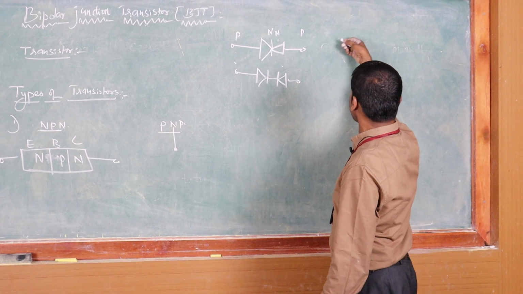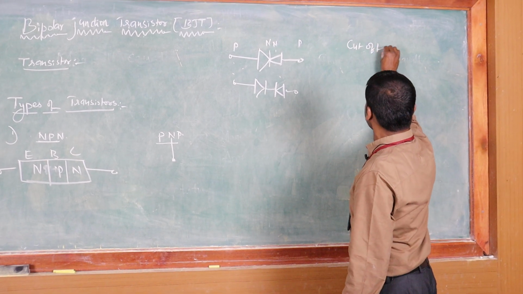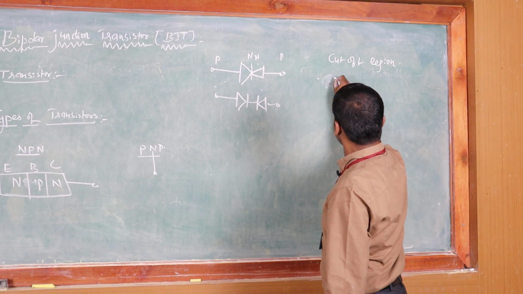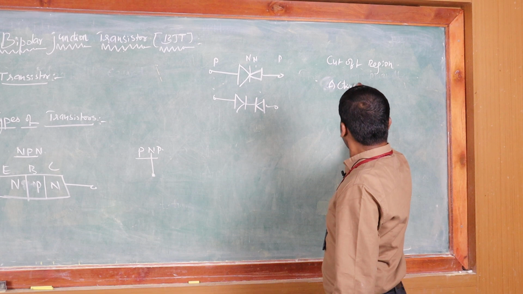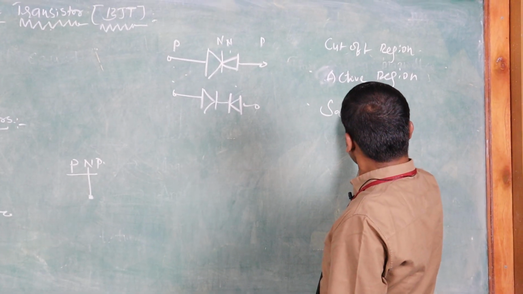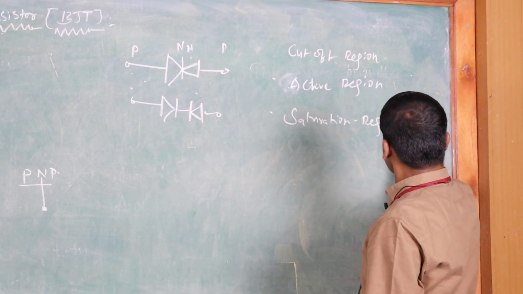Now, what are the operating regions of a transistor? The operating regions are the cutoff region, active region, and saturation region.